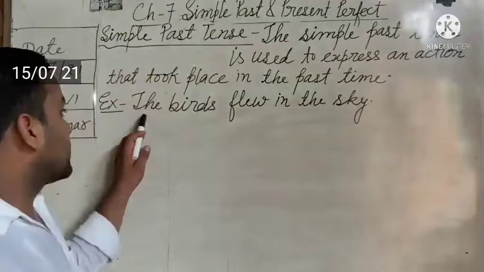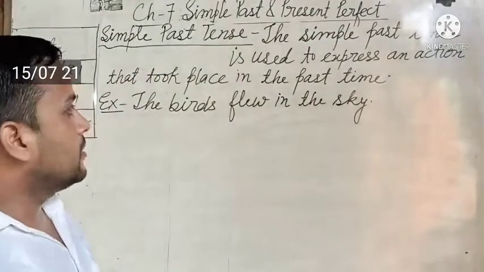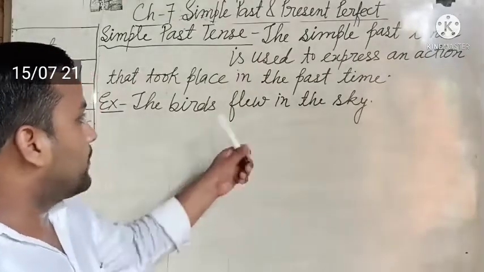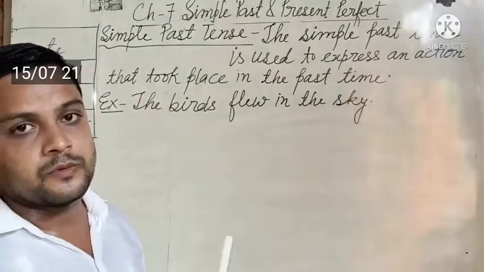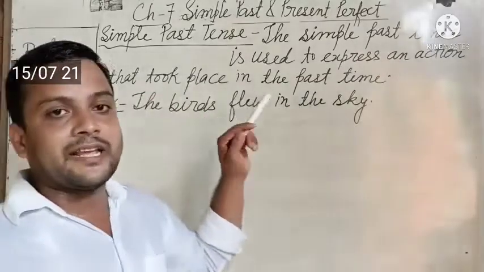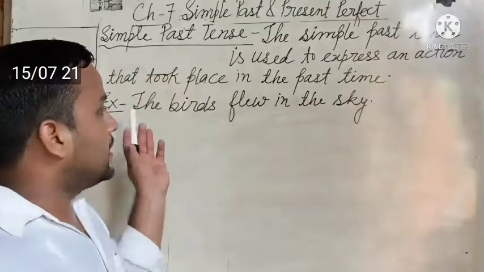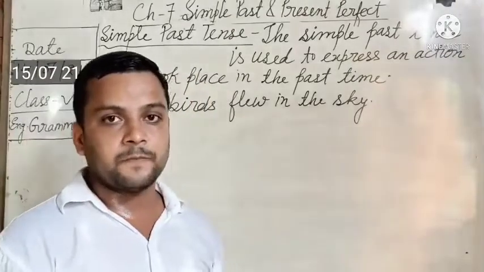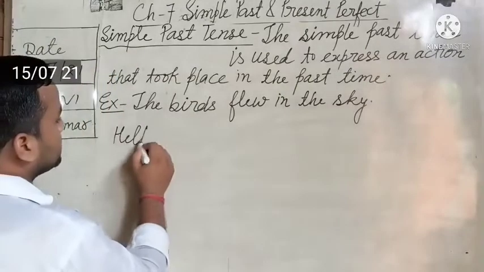For example, the birds flew in the sky. The action took place in the past. The birds flew means the action will not take place in present time. It took place in past time.